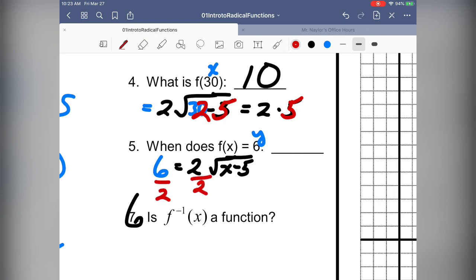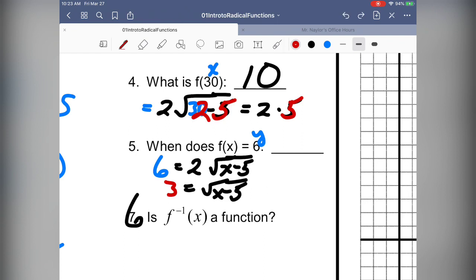Dividing by 2 would be a great first step. That's going to end up giving you, of course, the number 3. After I divide by 2, I'm going to have to undo the square root sign, which will require you to square both sides. Now, when I square both sides, that's going to end up giving me the number 9.